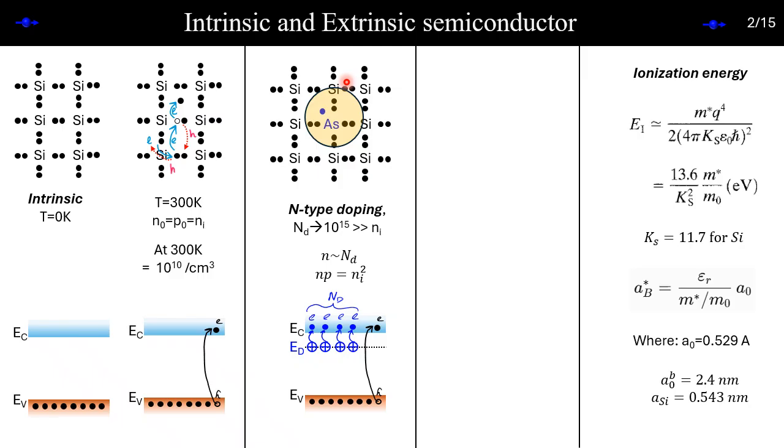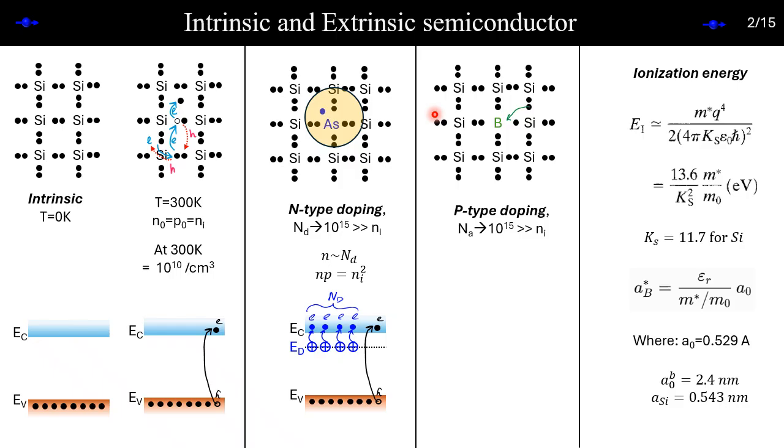Any questions? No? Okay. Now instead of doping with arsenic or antimony or phosphorus, we can also dope with materials like boron, aluminium, where the valence is 3. That means we have a missing electron.